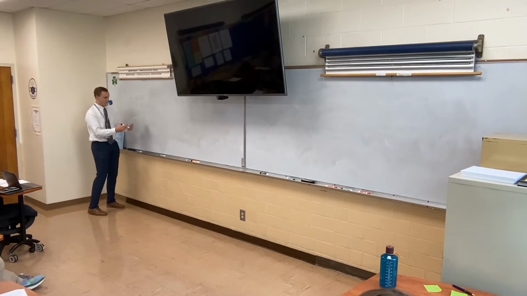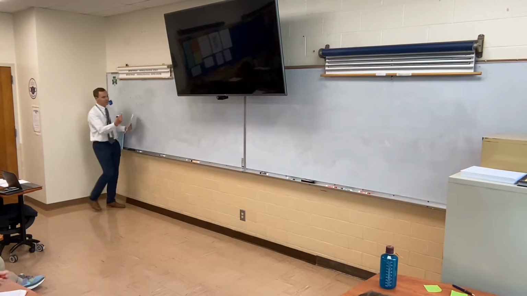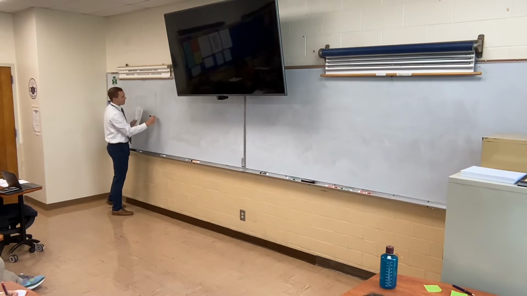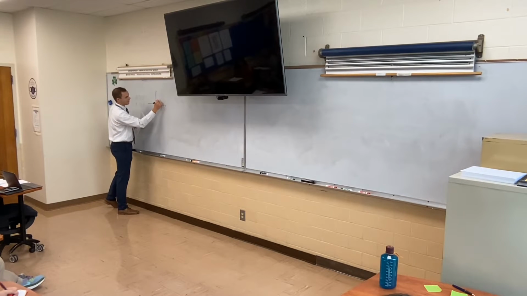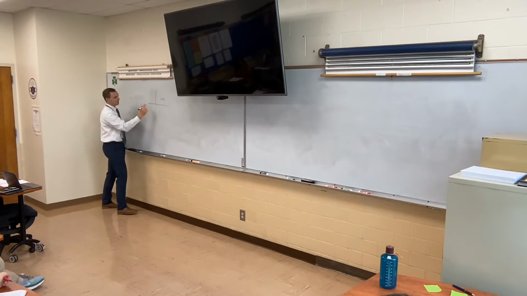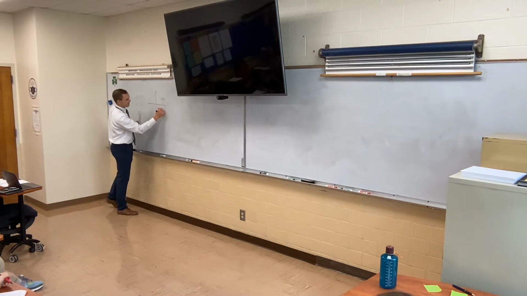right? So we can do this graphically. We can plot both of them. So I'm just gonna eyeball it. A is 3, 2. And B is 4, negative 1. All right, so I have this segment.